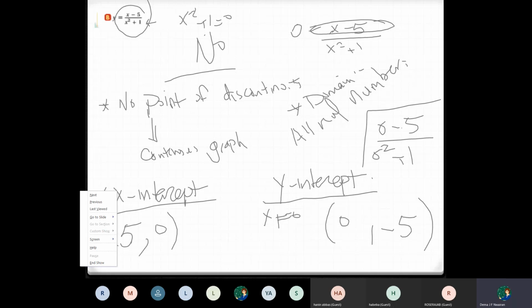Now let's go solve C. For C, here we have this function. The first step, I will look at the denominator. Can the denominator be 0? Yes, when x equals 4.